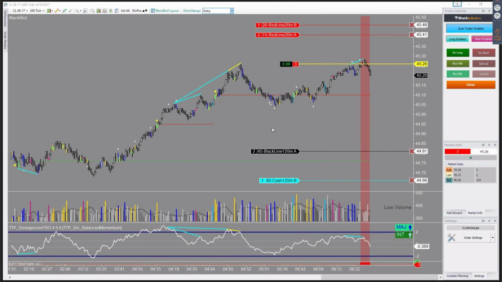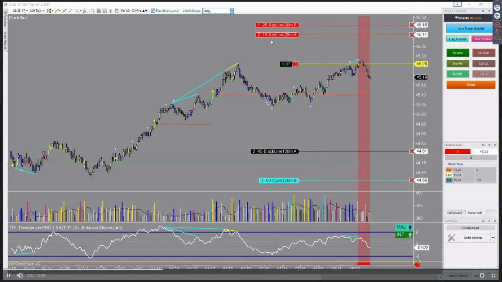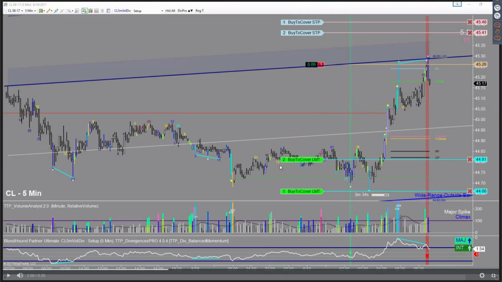I'll change the colors of the lines on the 120-minute chart for the profit targets. I'll do the first one to a black line, the second one to a cyan line, and then on the 20-minute chart, I'll manage the trailing stop just by recoloring a line to red, basically.